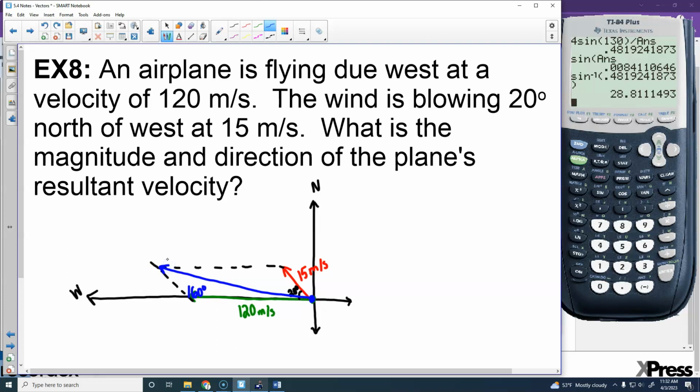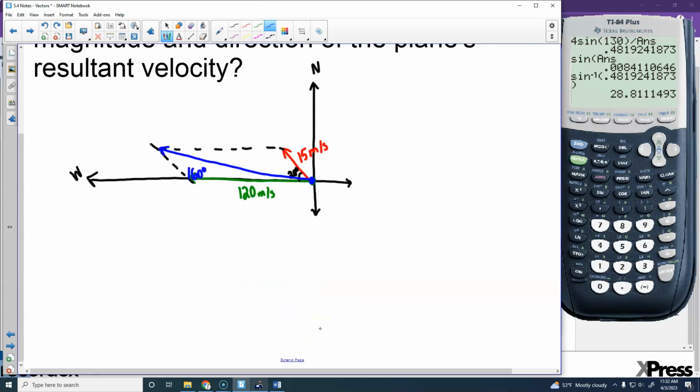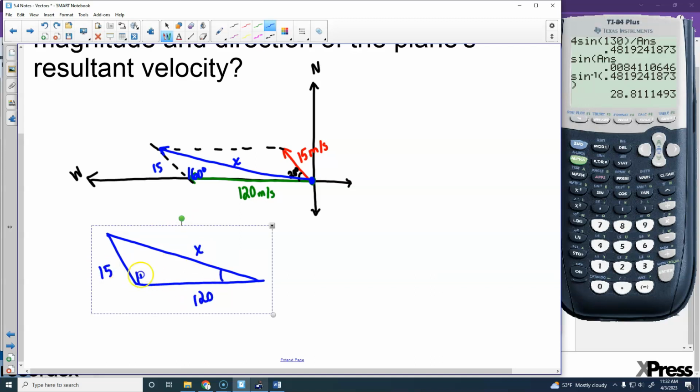We need the magnitude and direction. You have to find magnitude to find direction on these problems anyway, because you can't find direction yet. So we could find this side right here. Again, sometimes you may just want to pull it off and make a clean drawing. This side is X, this side is 120, this side is 15, this angle is 160.